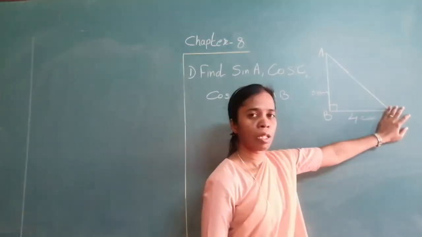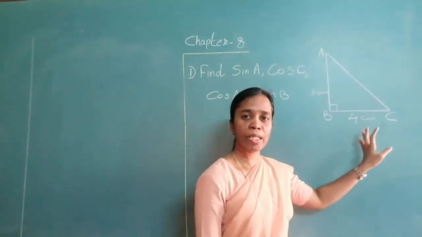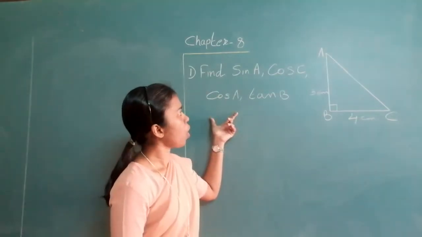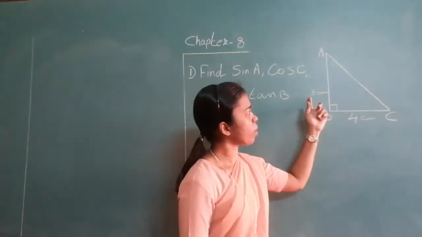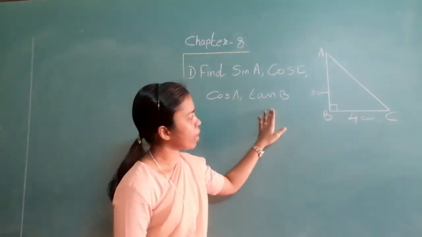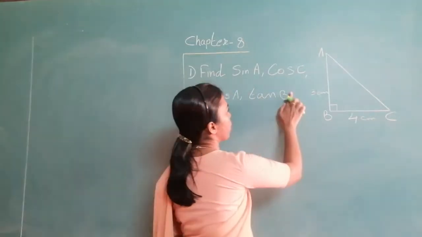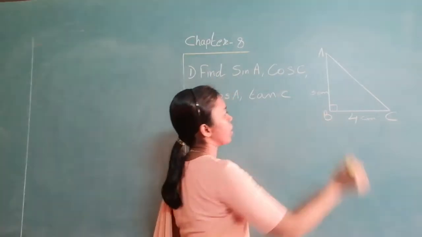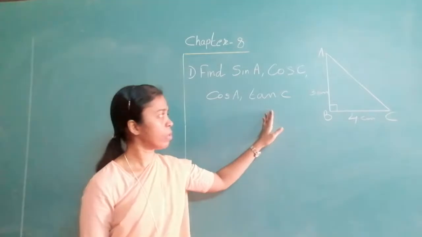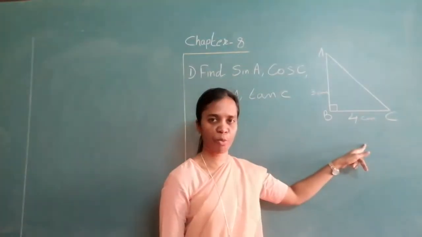This is C. Cos is adjacent upon hypotenuse. Again, hypotenuse is not given. Cos A, adjacent upon hypotenuse. Again, it is not given. Tan B, again it is not B, it is C. Tan C, how to find tan C? Opposite upon adjacent, that you can find.